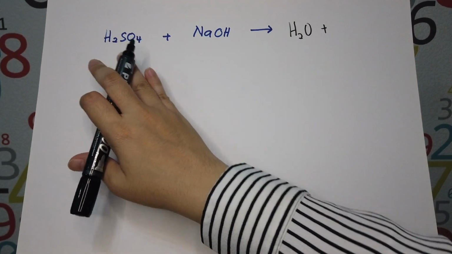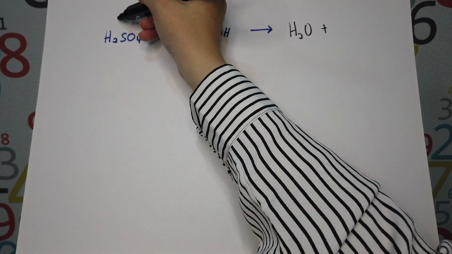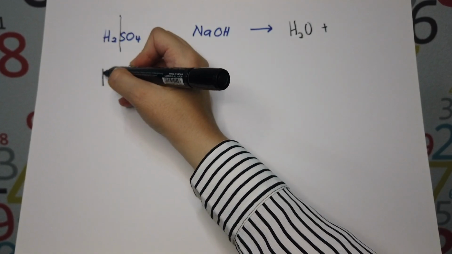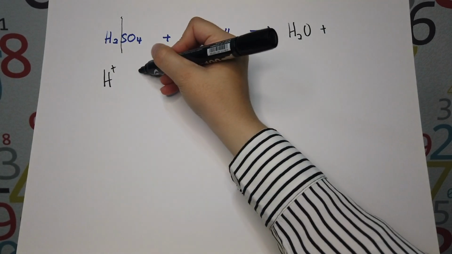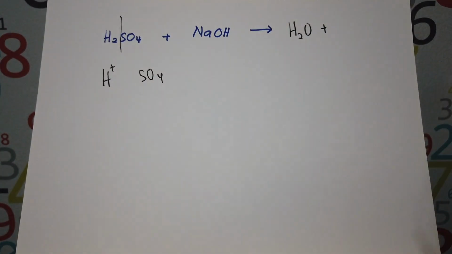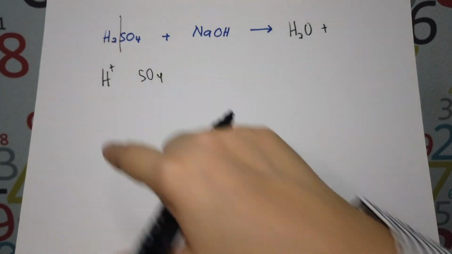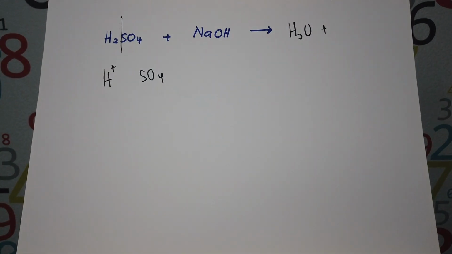So I'm going to go through this. H2SO4: you need to cut it into 2, right? So H should be H+, and SO4. If you can't remember that SO4 is 2 minus, just look at your H. H is H plus, and you will definitely remember that.